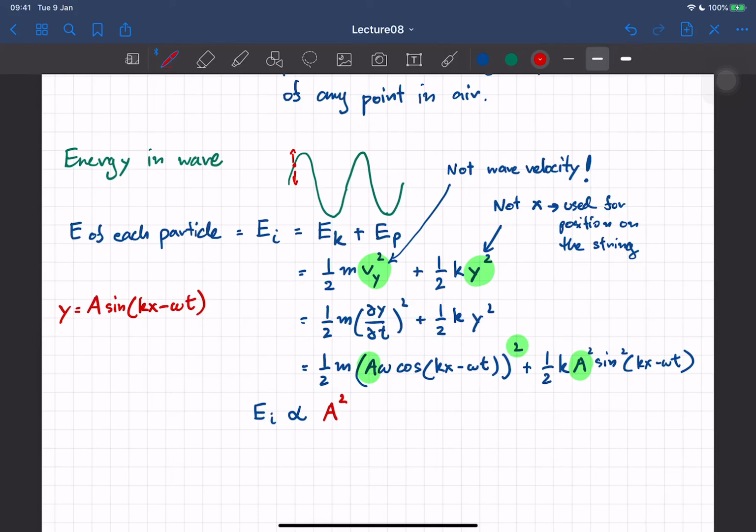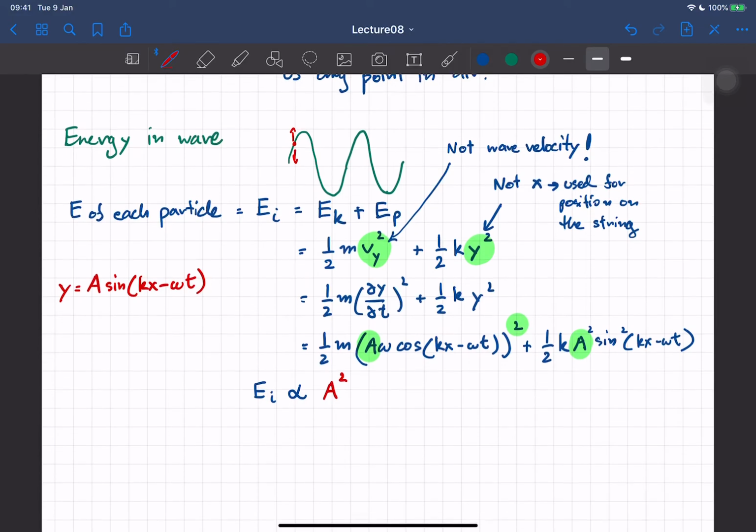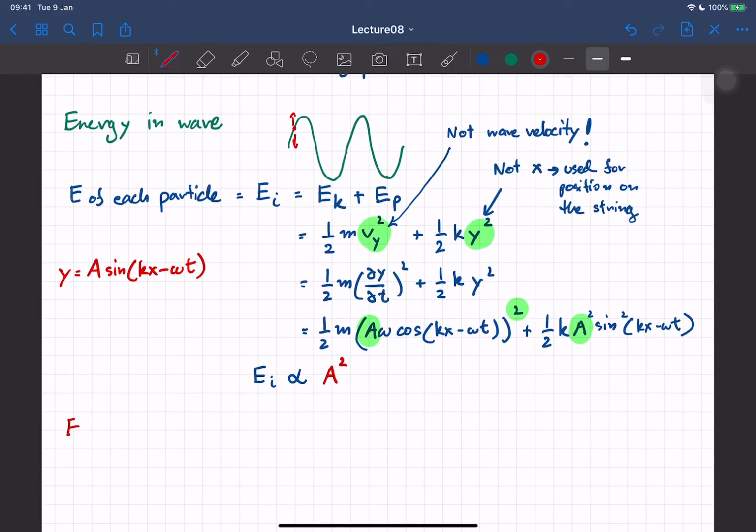Okay, so the energy of each particle depends on the amplitude square. Now the energy of the total wave, you just need to sum over every particle that you have in your system. And if we assume that every particle has the same amplitude, then the total wave energy will also be proportional to the amplitude square.